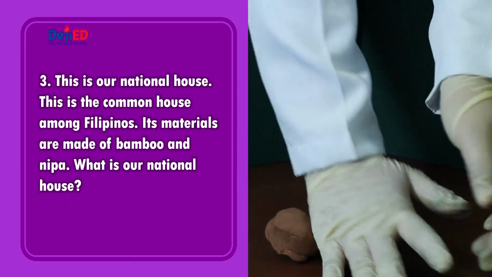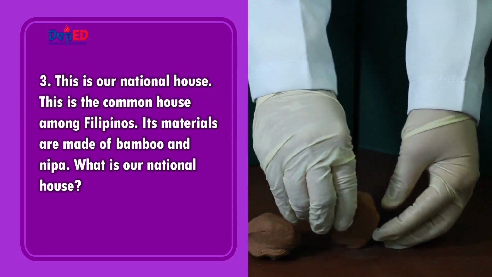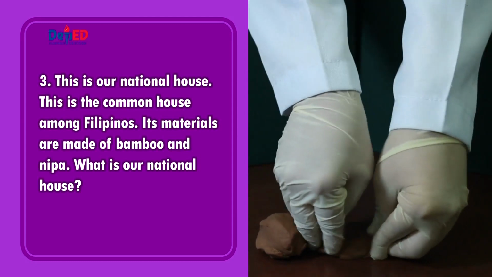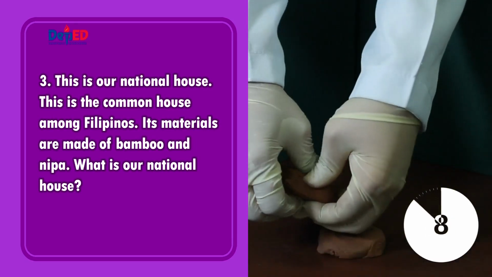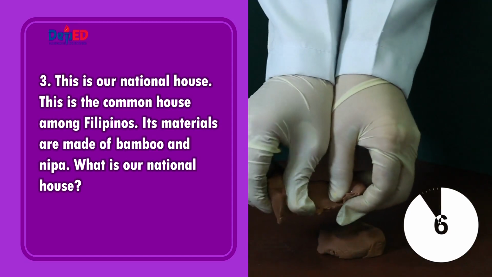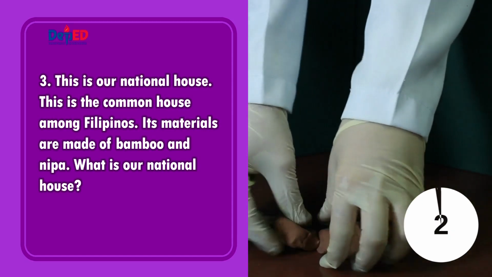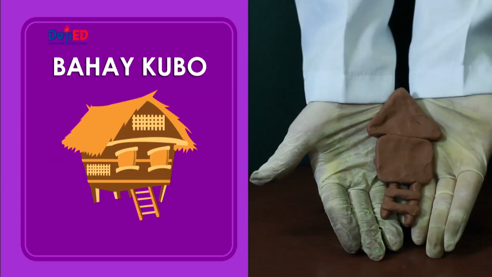Number 3. This is our national house. It's common among Filipinos. Its materials are made of bamboo and nipa. What is it? The answer is bahay kubo.